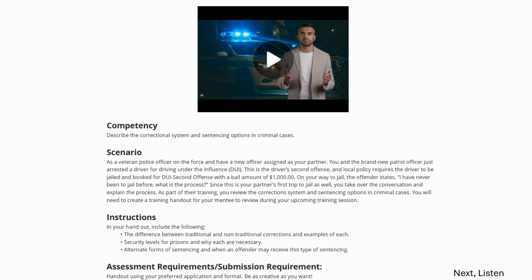Please read the scenario, the instructions, and the type of file you should use. So I'll let you read that. And then instructions.